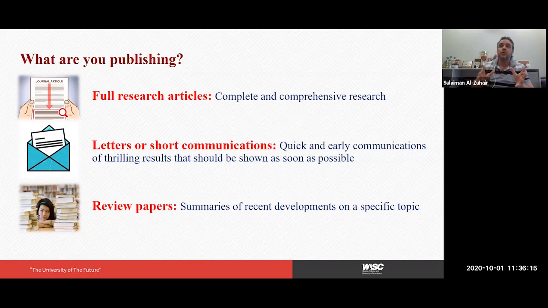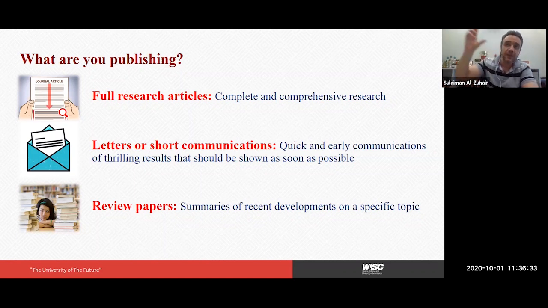It will show where the room for improvement is in each one of those works. So if you don't have these comparisons between the different papers and reach that conclusion, your review paper is not complete.